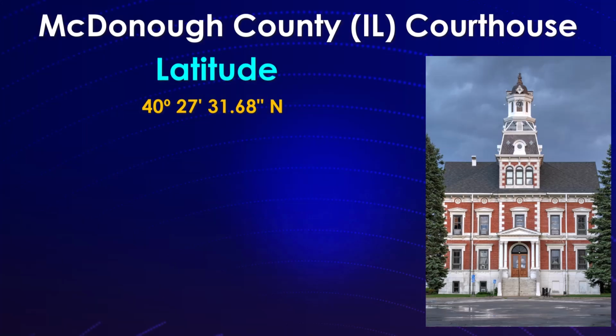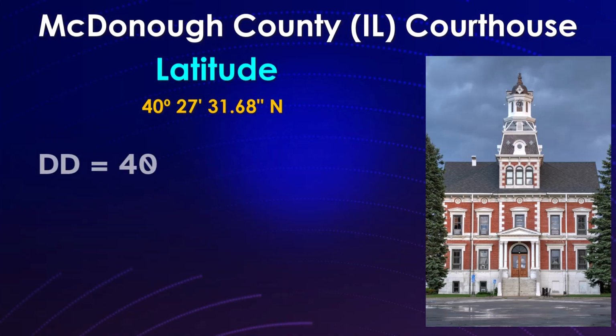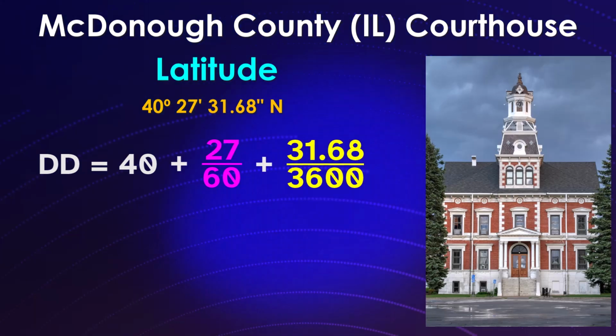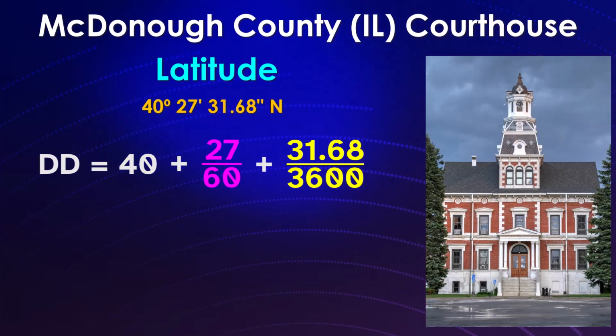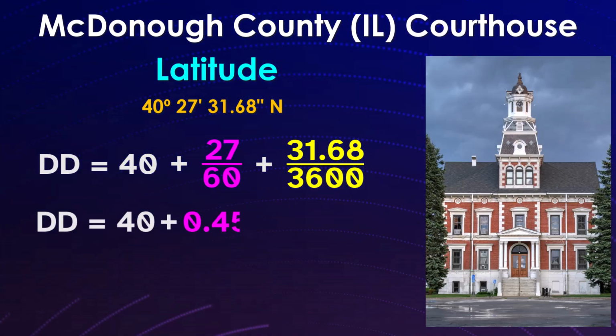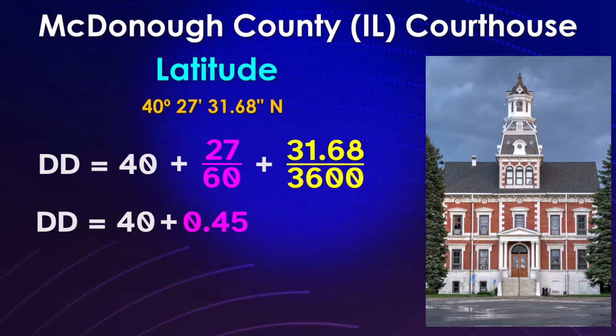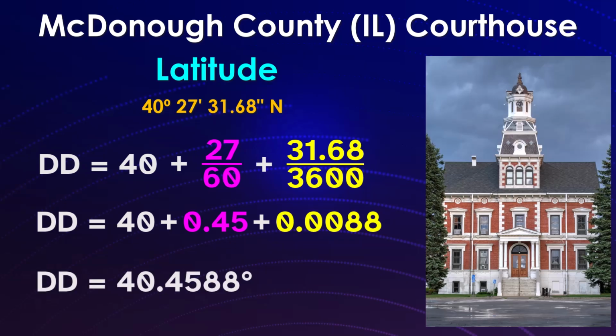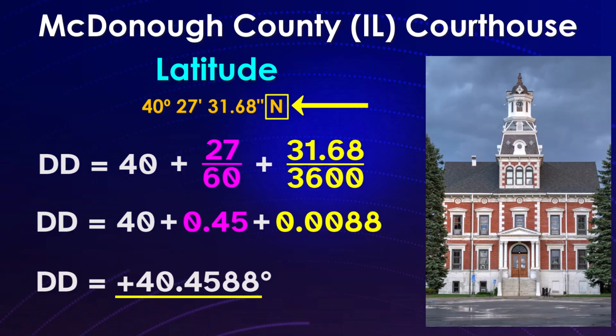We'll start with latitude. 40 degrees plus 27 minutes divided by 60 plus 31.68 seconds divided by 3,600. This gives us 40 plus 0.45 plus 0.0088, which equals 40.4588 degrees. Because the building is in the northern hemisphere, this value is positive.